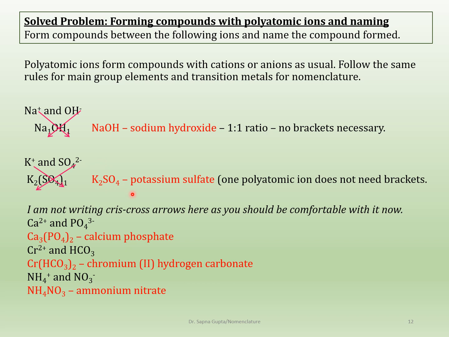Okay, so then here we have some other combinations going on between calcium and phosphate, and calcium and phosphate will form again crisscross, and so calcium 3 and phosphate are 2. So now you're going to need those brackets in order to tell me that you have 2 phosphates.